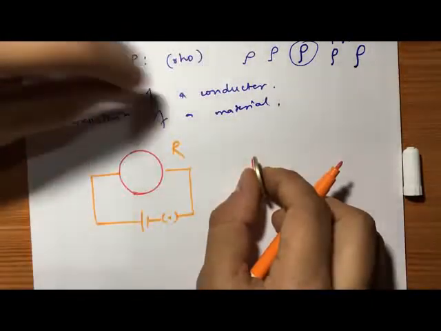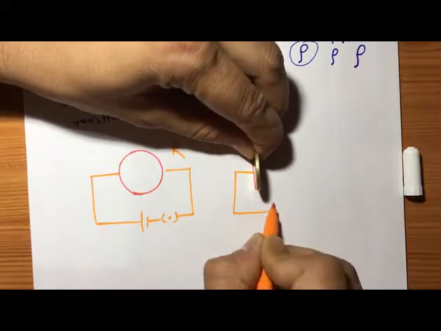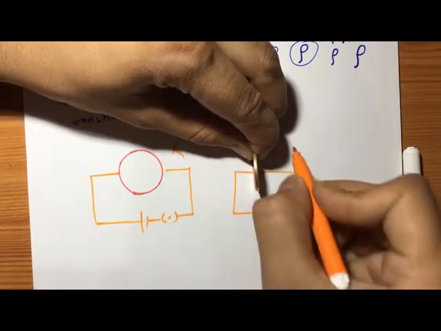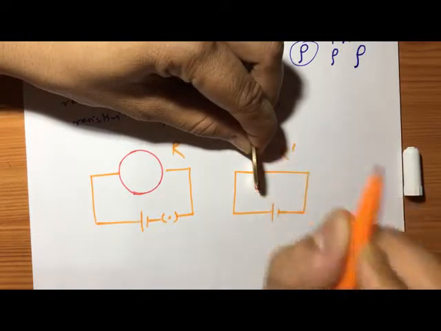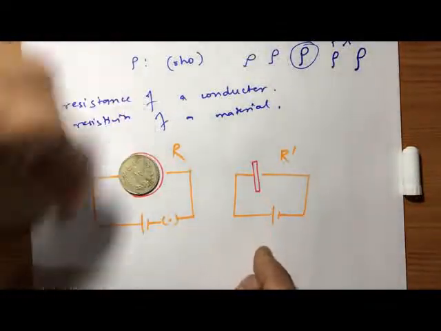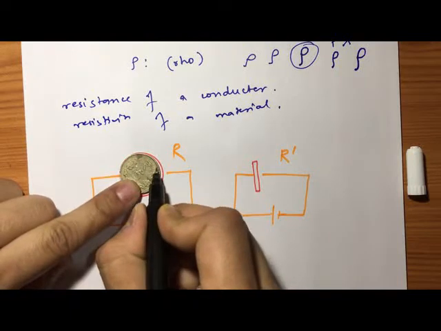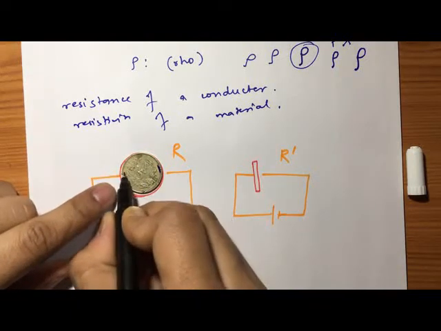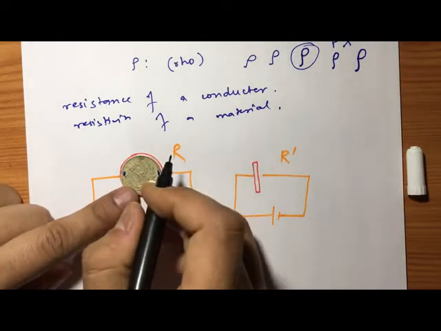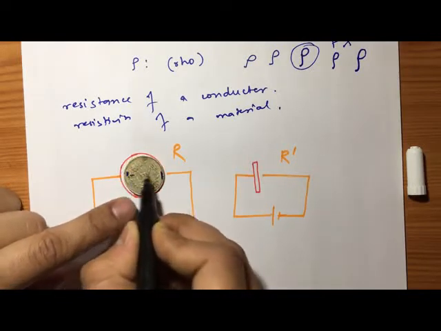No, it won't stand, obviously I will have to keep it like this, and in this case the same potential difference, the same key, whatever it is, and this has resistance R prime. Obviously you can think that in this case the terminals are this point and this point, so the electron will have to travel from this point to that point, and it has to cover this much length.